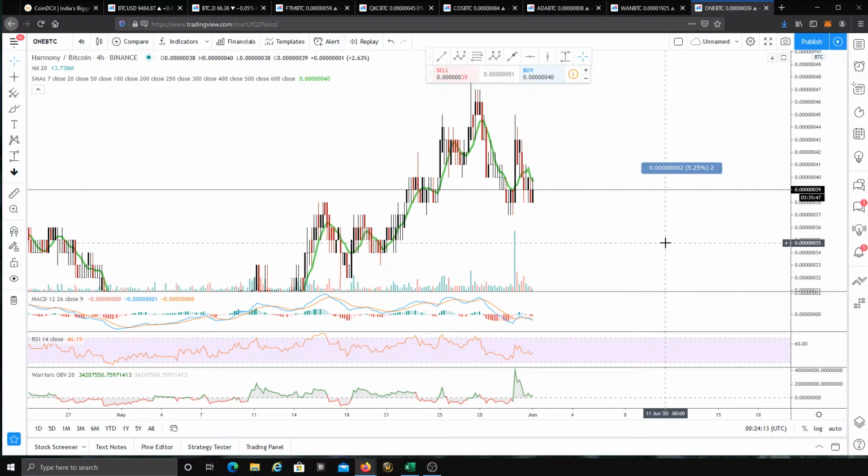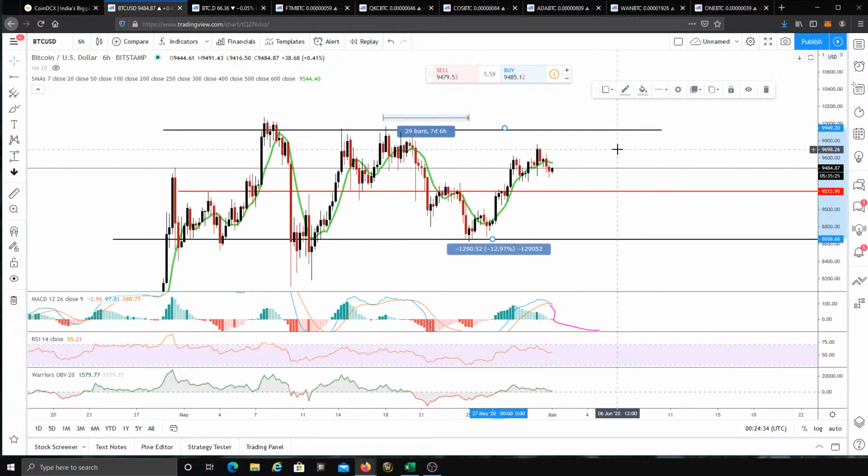You probably can't do 4x on that one. You probably have to do 3x or something because it's a lower sat coin. But if you've got 3x leverage on it, that's a 15% loss that you'd be holding on a 2 sat move. So with lower sat coins, you definitely have to take a lot more into consideration.